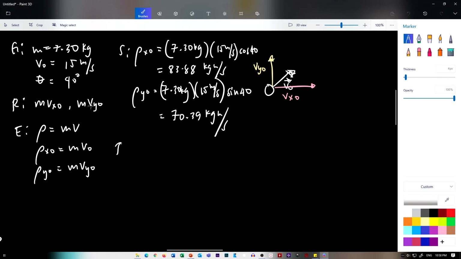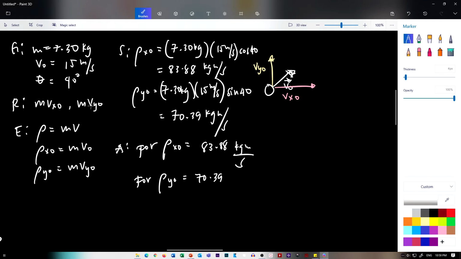Then you can proceed now on the answers. So for rho sub x sub 0, that would be 83.88 kilogram meter per second. Then for rho sub y sub 0, this is 70.13 kilogram meter per second.